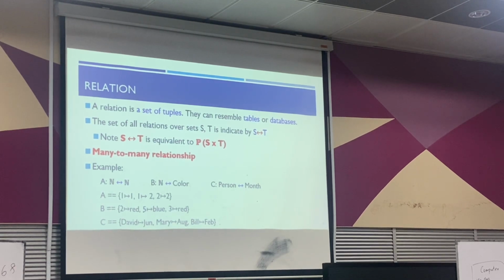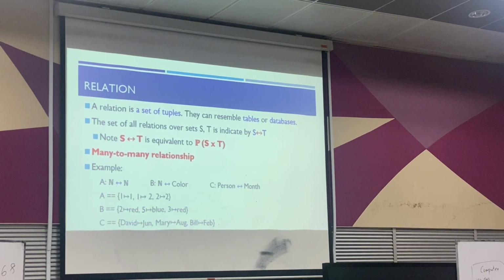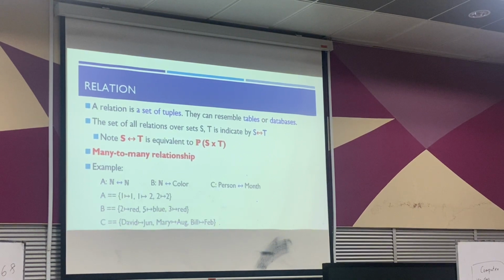This is where some of you ask me, do we need to resolve many to many relationships in our ER diagram or not? As I told you, no need, because we have a symbol to represent many to many. We call it the relation symbol. Relation also comes from a tuple, a pair.